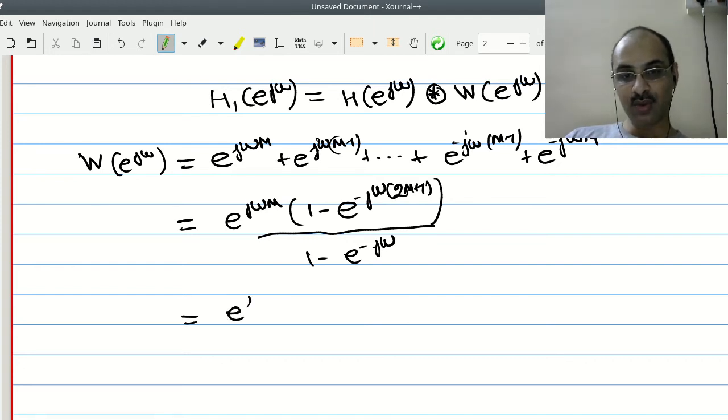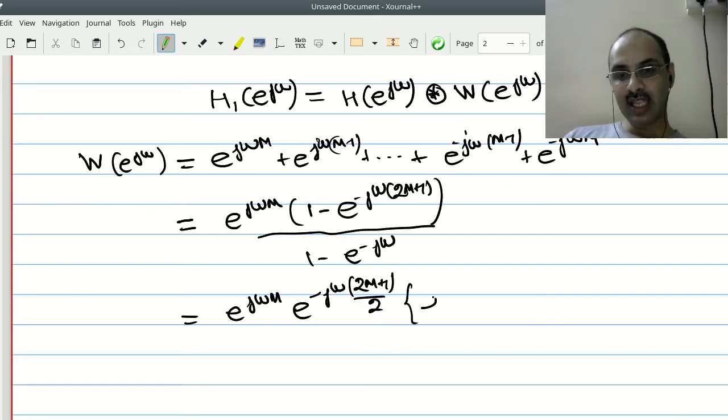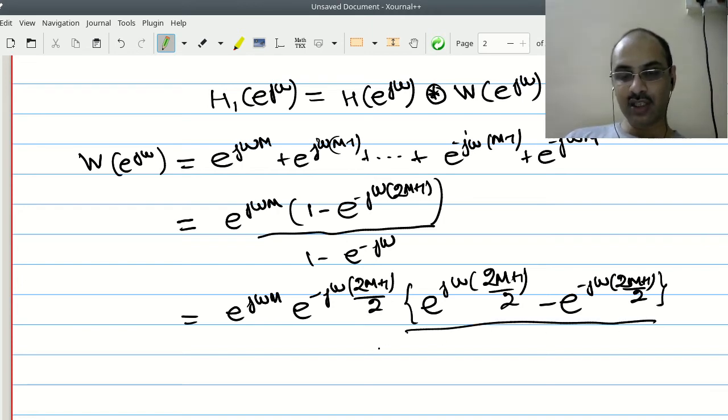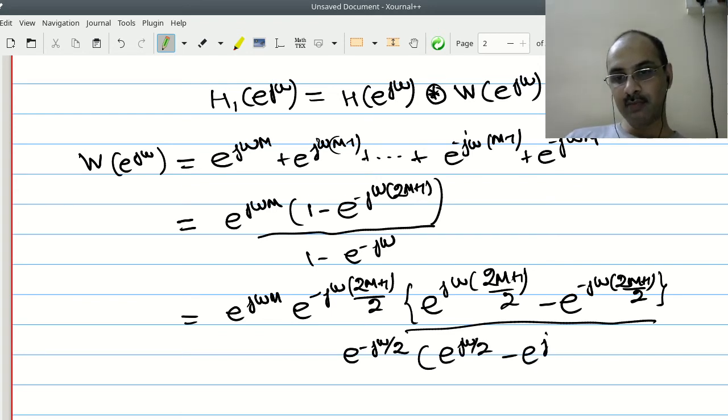The reason is that if I do that, from e power j omega m, I will get e power j omega (2m plus 1) upon 2 minus e power minus j omega (2m plus 1) upon 2, divided by, and in the denominator I am going to take e power minus j half omega out, multiplied by e power j omega by 2 minus e power minus j omega by 2.